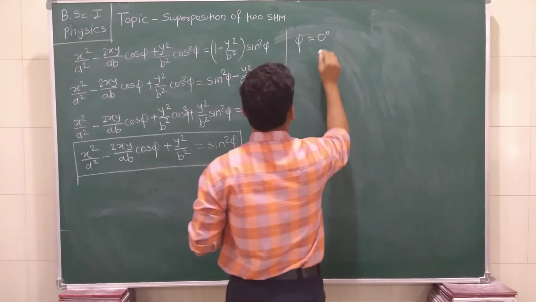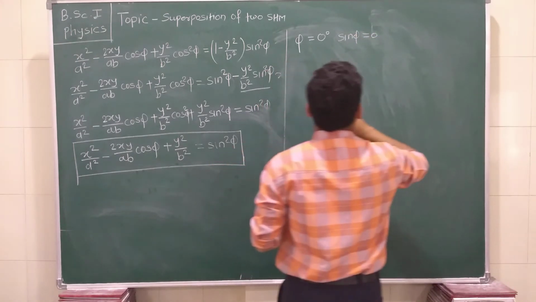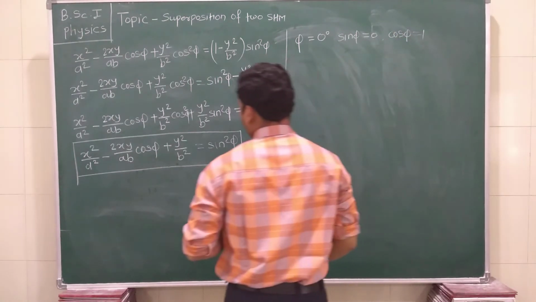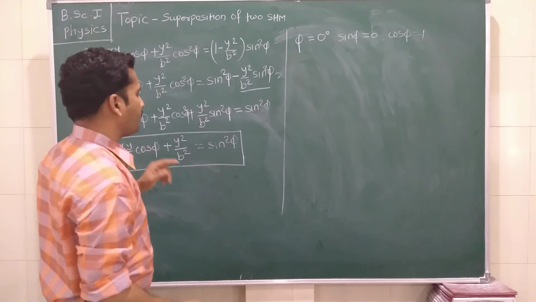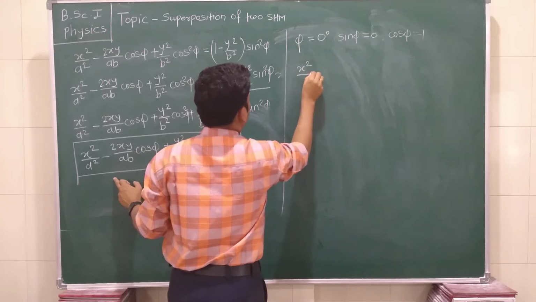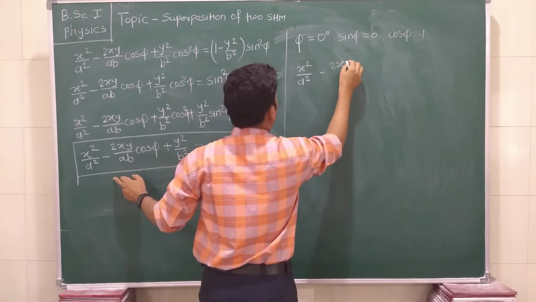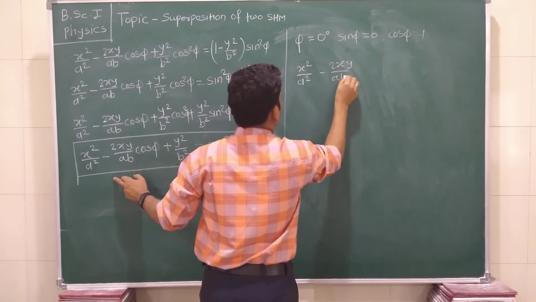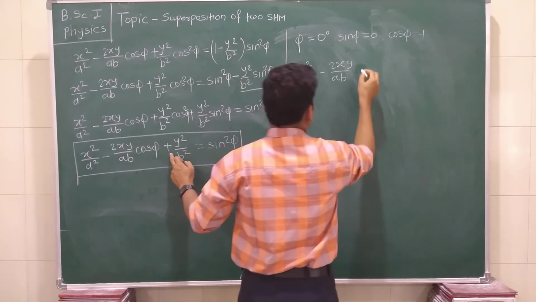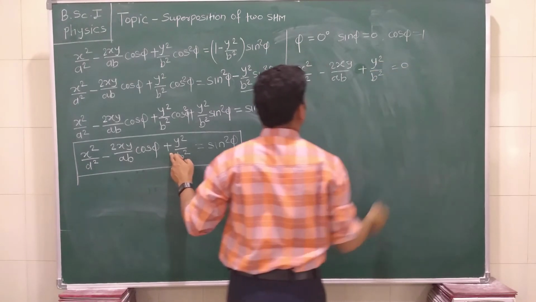If φ is equal to 0, we know that sin φ is equal to 0 and cos φ is equal to 1. So if φ is equal to 0 degree, then this equation becomes x²/a² − 2xy/(ab) times cos φ, which is 1, plus y²/b² is equal to 0.